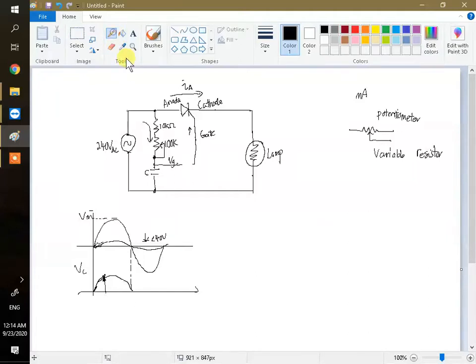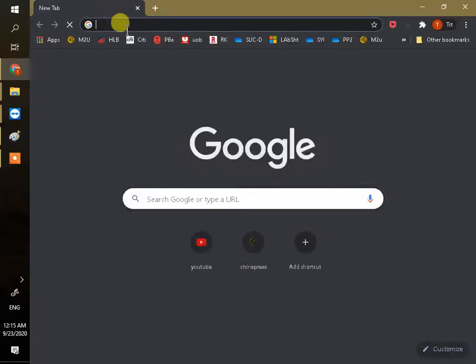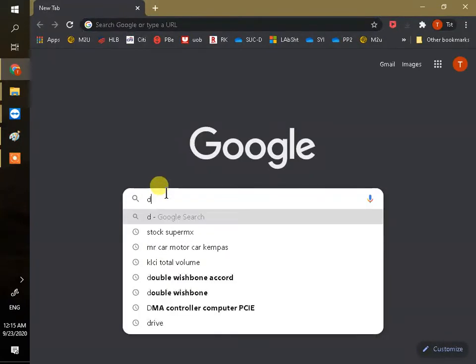Let's draw a diode here. Something like this. Let me show you. Diode.